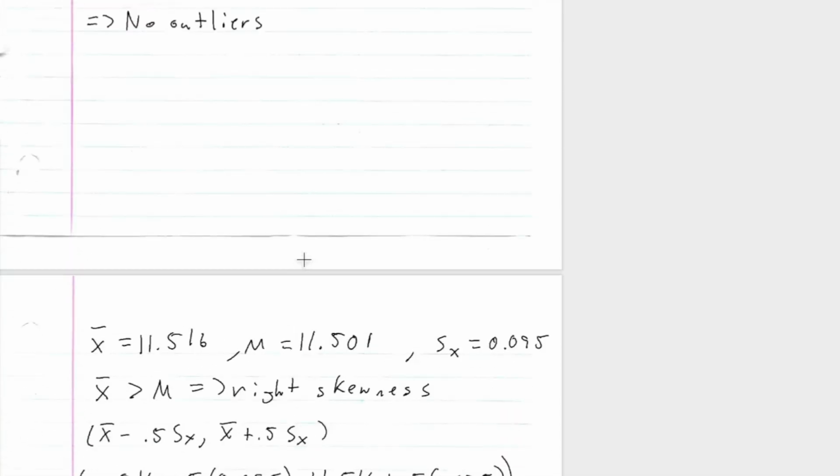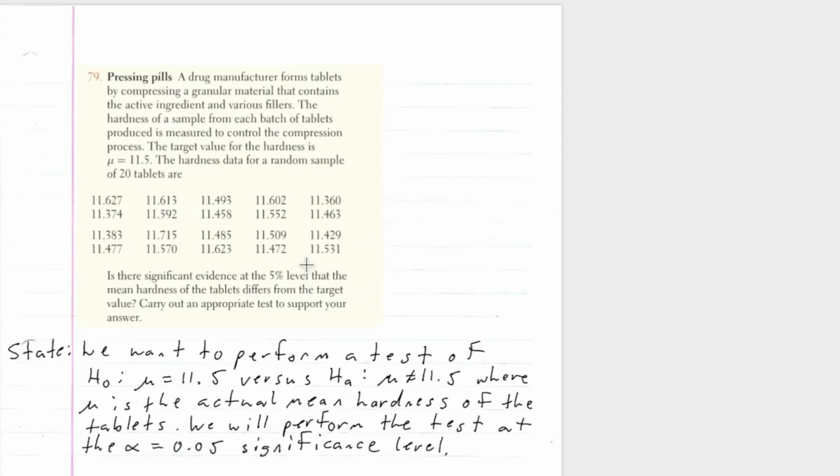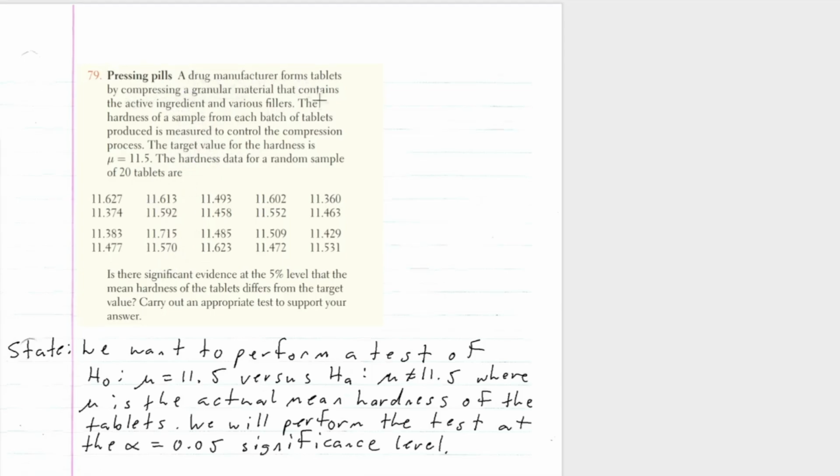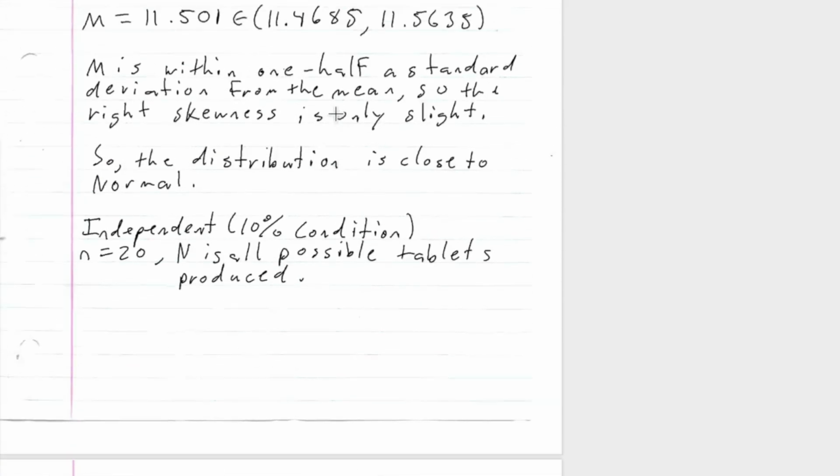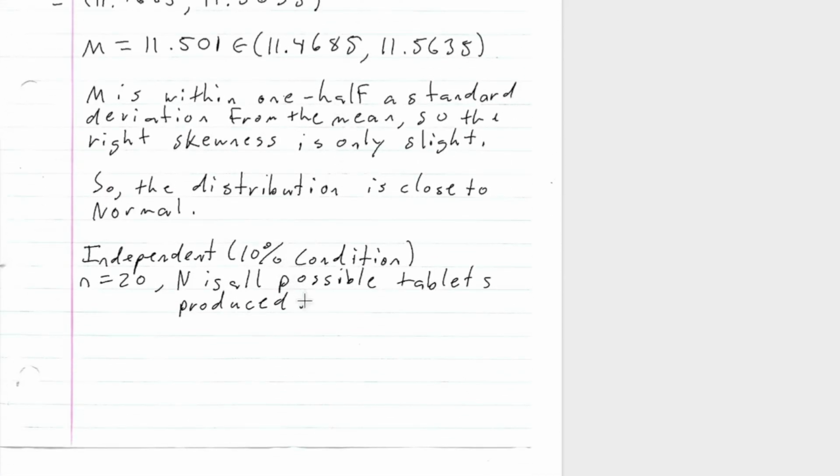Let's make sure. Back to the problem statement: compressed granule, drug manufacturer. So produced at this drug manufacturer, right?